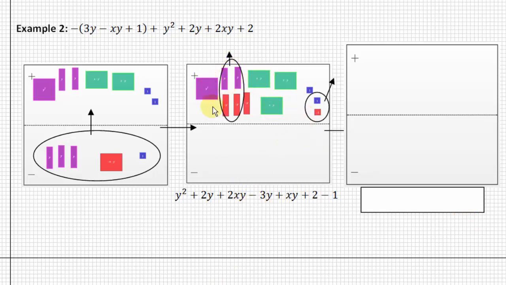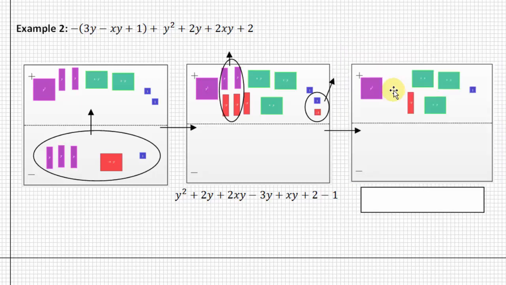So it should start to look something like this, where you're finding 0 pairs, equal opposites. So here I have 2 positive y's and 2 negative y's. Those make a 0 pair and will come off. And so will a positive and negative unit tile. So I can circle those and say I'm going to pull those off. And when I do, what do I end up with?